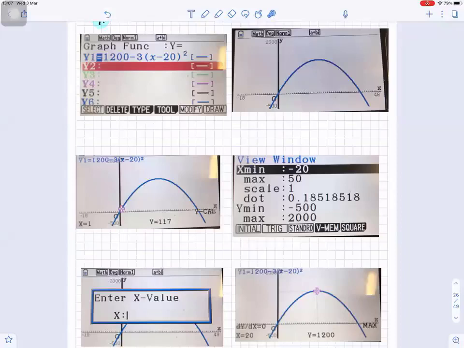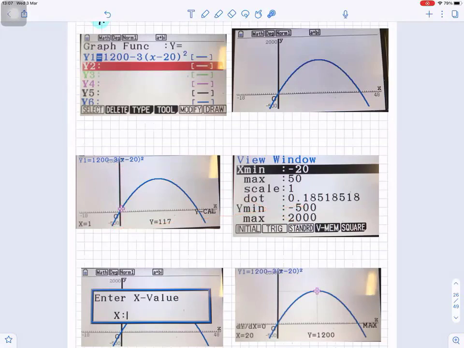And you can represent it on a graph. If you plot the curve y equals 1,200 minus 3 bracket n minus 20 squared, you will get a parabola shape. You can use the minimum to be minus 20 and maximum to be 50 for x, and go from minus 500 for y up to 2,000 so that you can see it clearly.